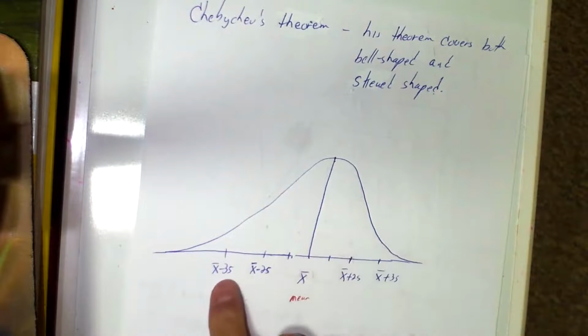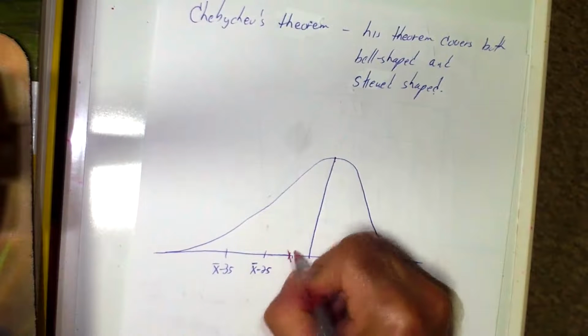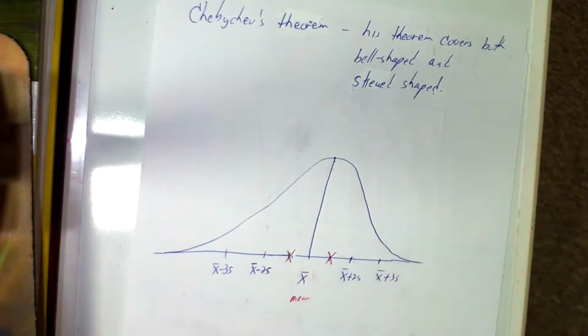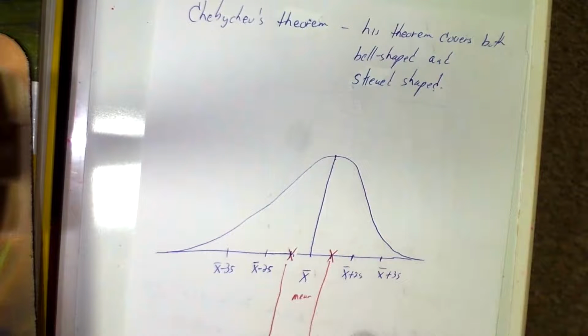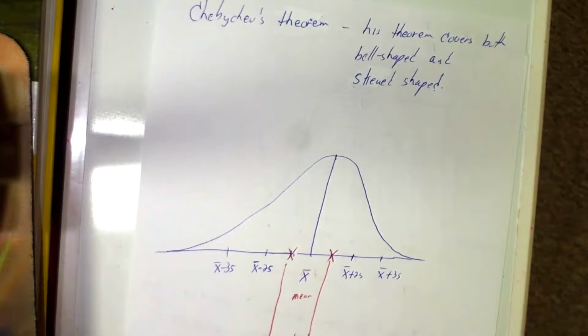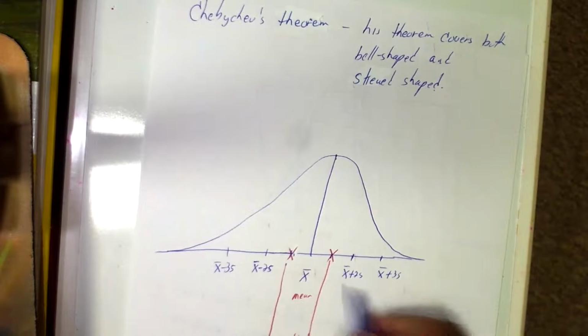These look like 5s, but they are S's, standard deviation. So he doesn't agree that one standard deviation away from the mean exists. It does not exist. So he marks them off and starts out with 2 and 3.